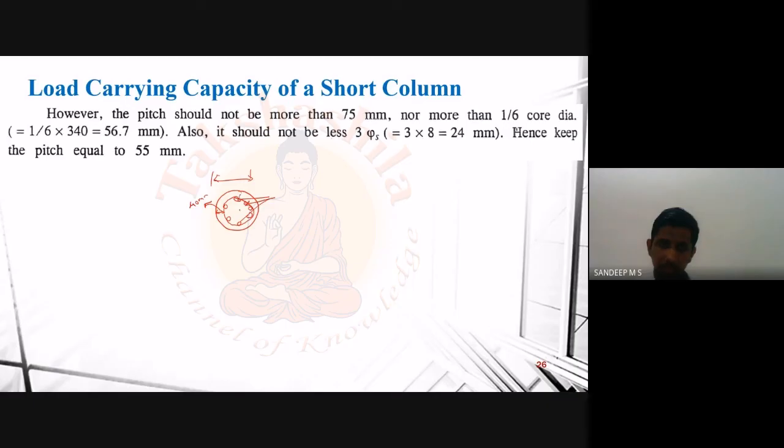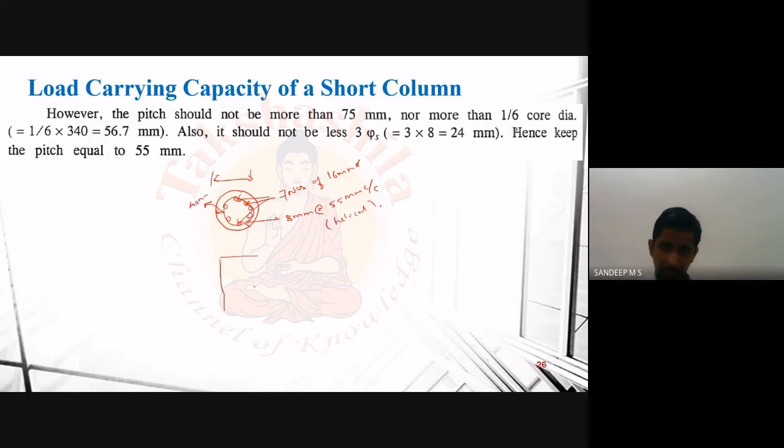These are actually 7 nos of 16 millimeter phi. Then we have this spiral, which is 8 millimeter phi at 55 mm c/c helical. In brackets we can write helical. Also, we can show a cross section like this.